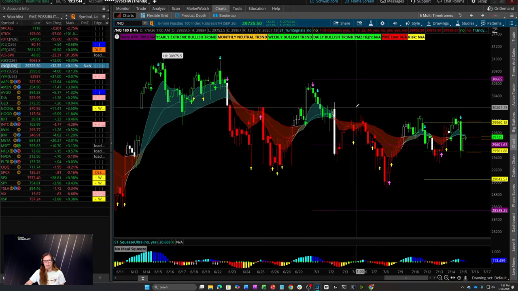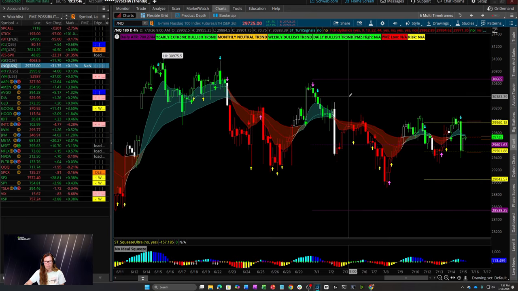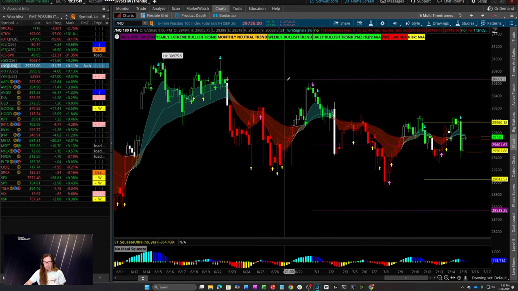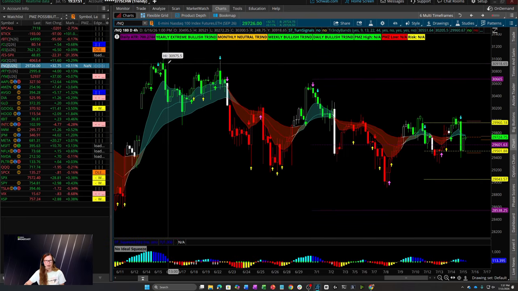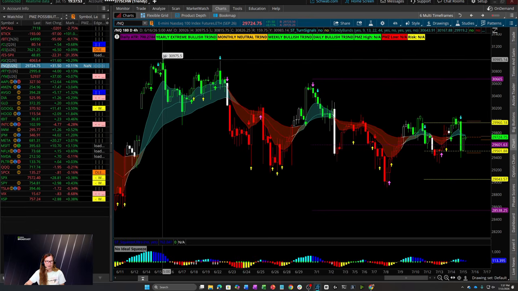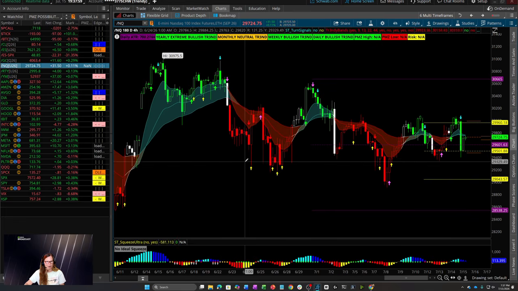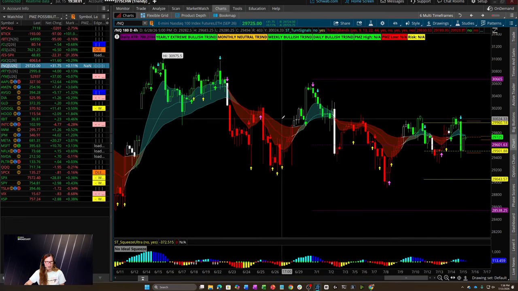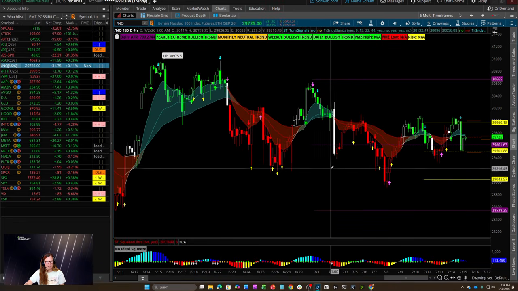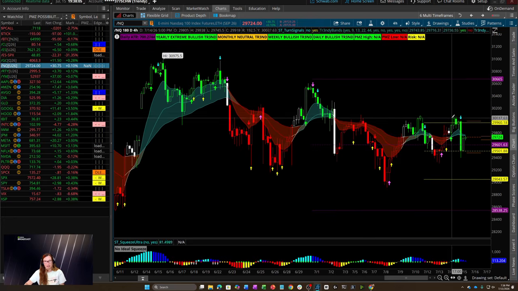This is Chop City right here. Everyone can agree we're just chopping. Price has moved from the all-time high down, then we come back up, we test it, we make a lower low, then we come back up, we test it, and it's just chopping.